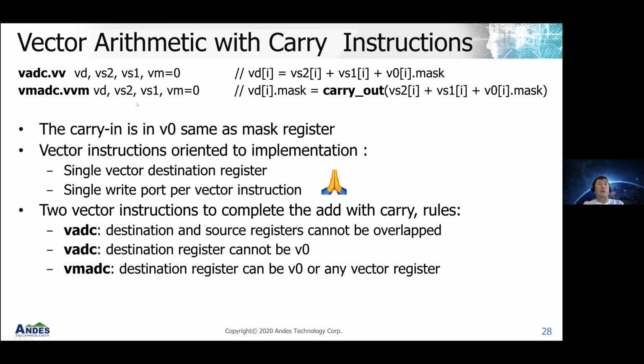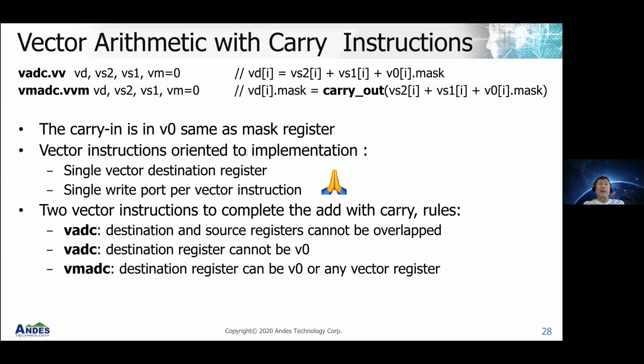So for the instruction, the mask had to be 0 because we cannot use the mask for the instruction, right? This is actually the carry-in that comes from the V0 mask, so V2 plus V1 plus the mask. Then you do this operation to write the result and do the same operation again to write into the mask. And so you need 2 instructions.